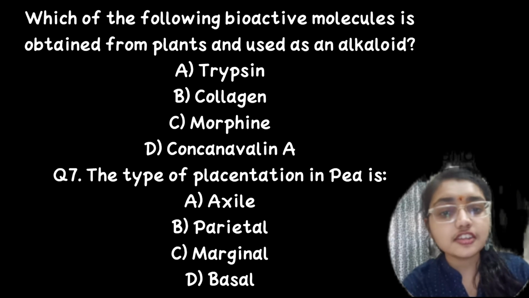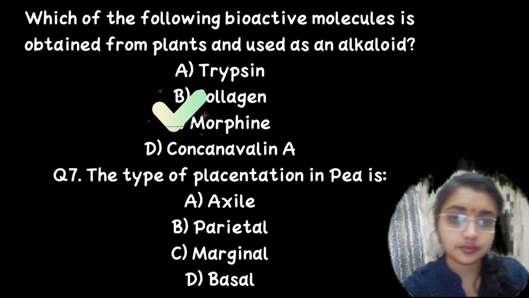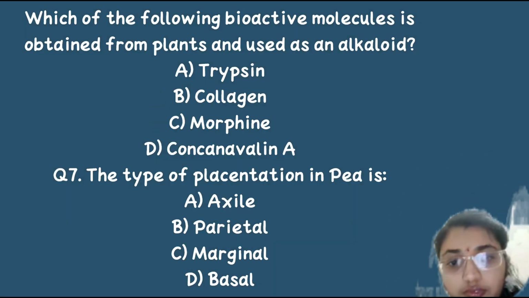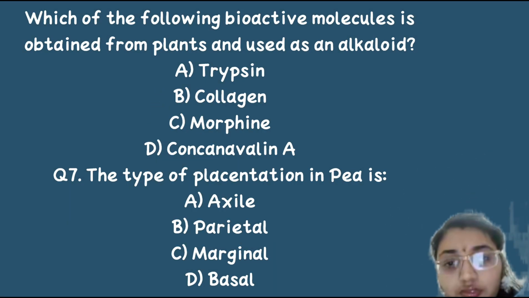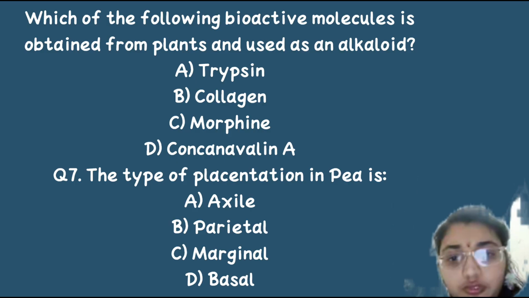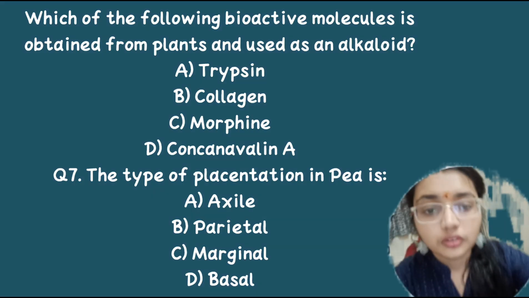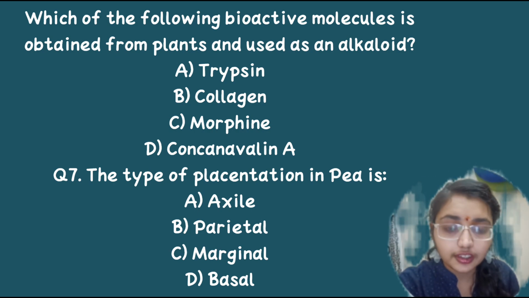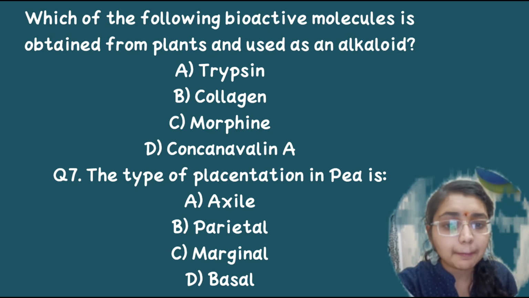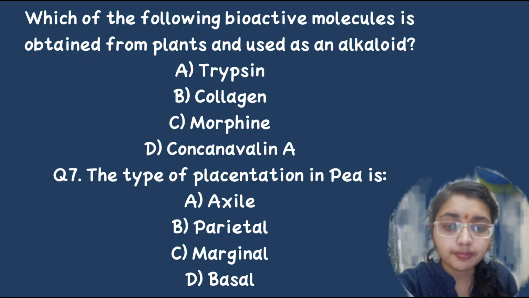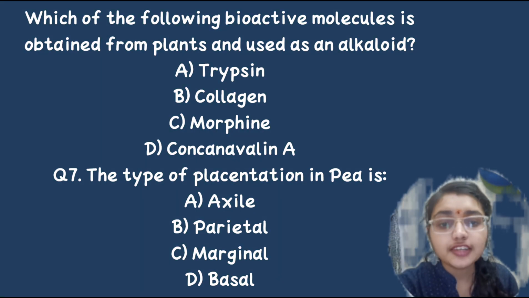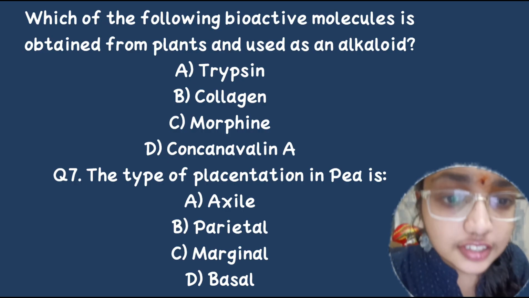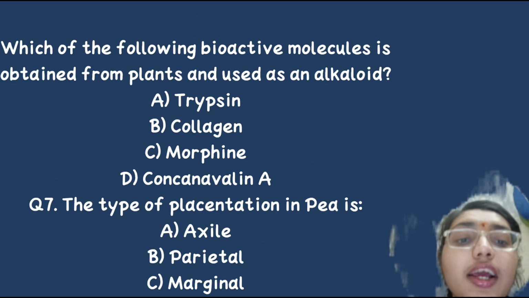Now let's see why morphine is the correct answer. Morphine is an alkaloid obtained from Papaver somniferum, that is opium poppy, whereas trypsin is an enzyme, a protein.